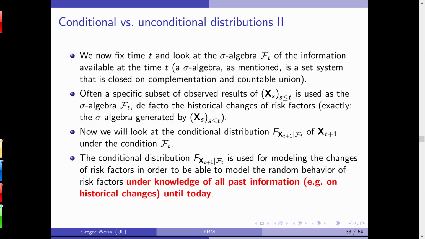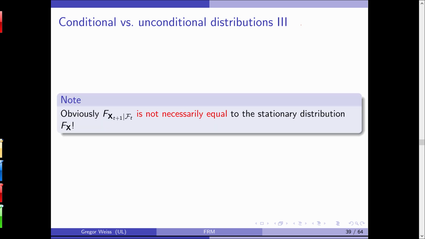So when it comes to credit derivatives, you will have very sophisticated conditional models, whereas traditional models of default are unconditional.